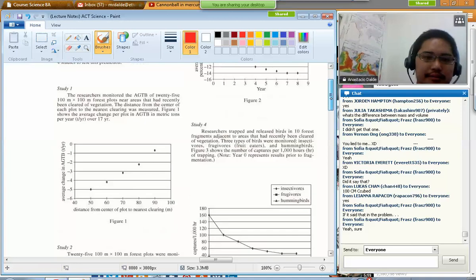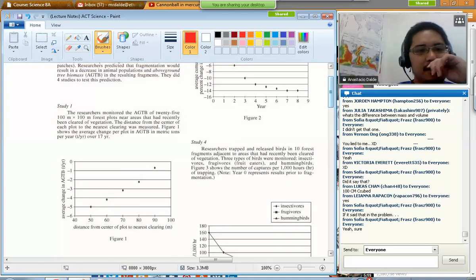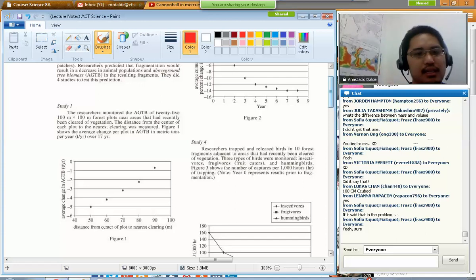Study 1: the researchers monitored the AGTB in 25 100 by 100 meter forest plots near areas that had recently been cleared of vegetation. The distance from the center of each plot to the nearest clearing was measured. Figure 1 shows the average change per plot in AGTB in metric tons per year over 17 years. Okay, got it.